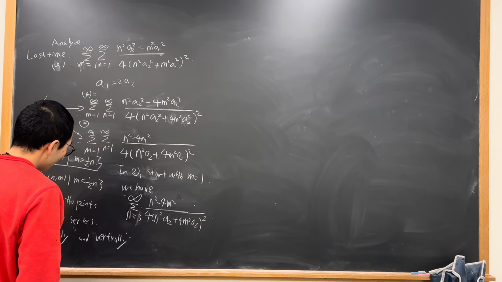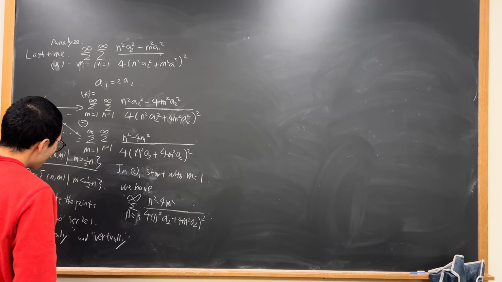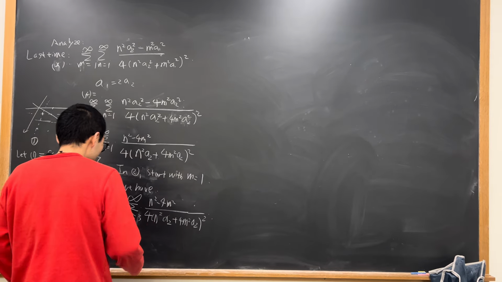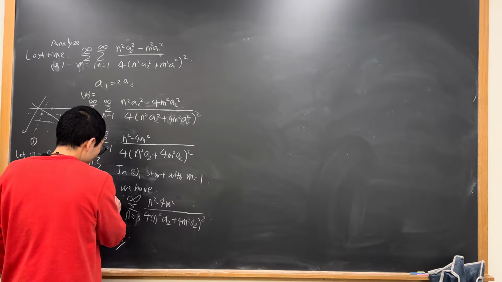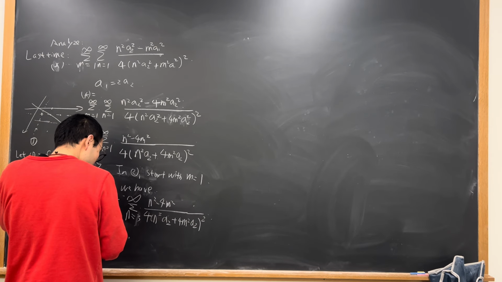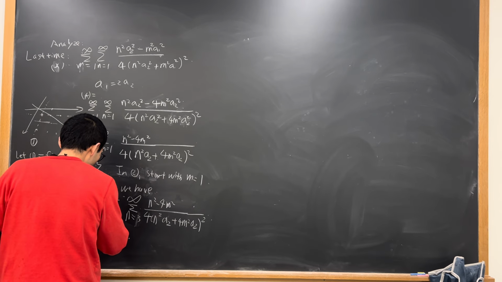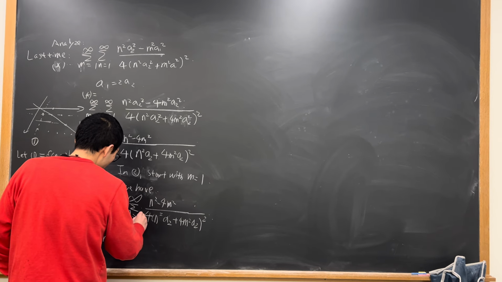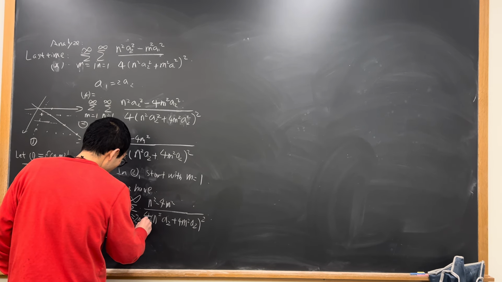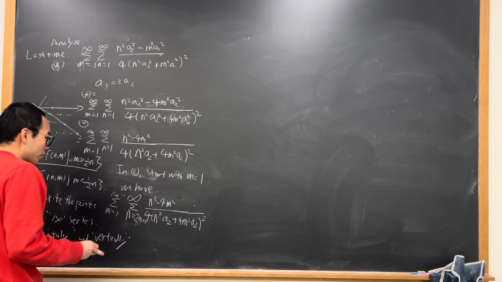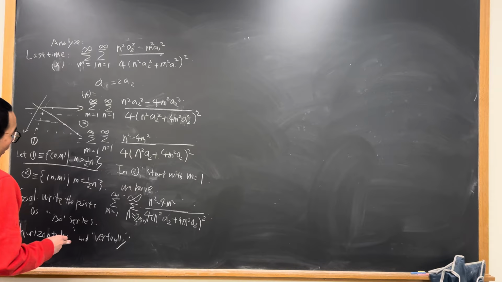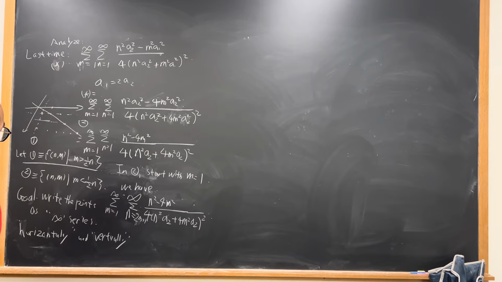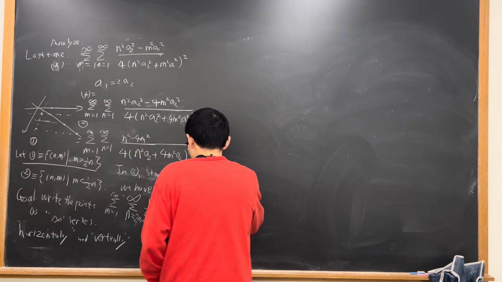So for any arbitrary m, n should start at 2m plus 1, going from 2m plus 1 to infinity, and this is positive.